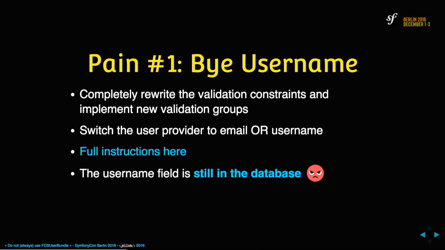Then you have to rewrite completely, or copy and paste completely, all the validation constraints from the user entity, because you can't just remove one constraint. You have to rewrite them completely. So just copy and paste everything the bundle provides.